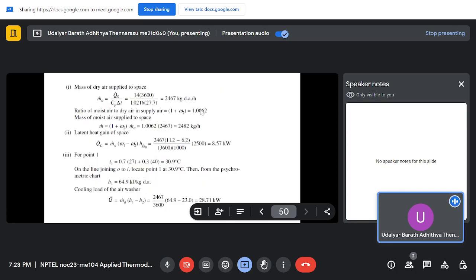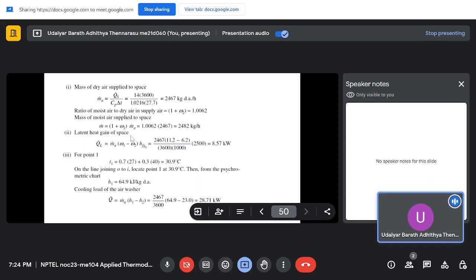So 1 plus omega 2 is equal to 1.0062. So the mass of moist air supplied to the space is 1 plus omega 2 into the mass of dry air. The mass of dry air we have already calculated, so it will be equal to 2482 kg per hour.